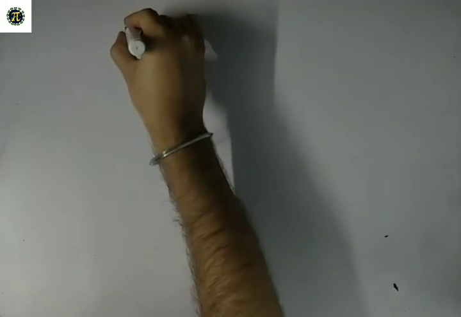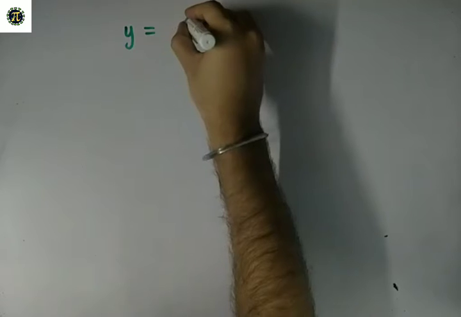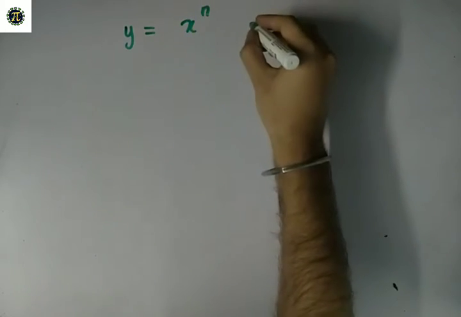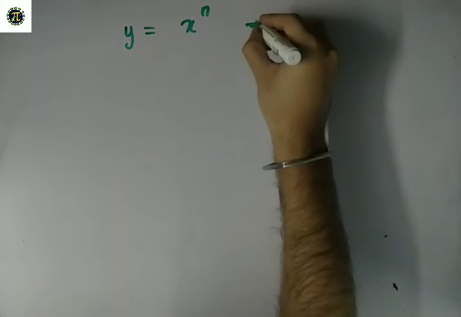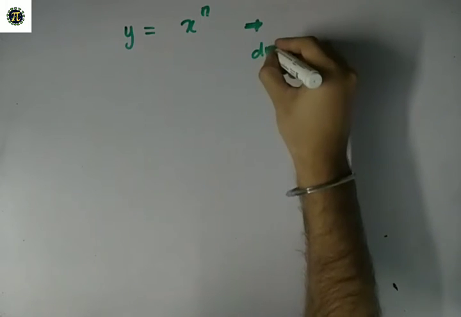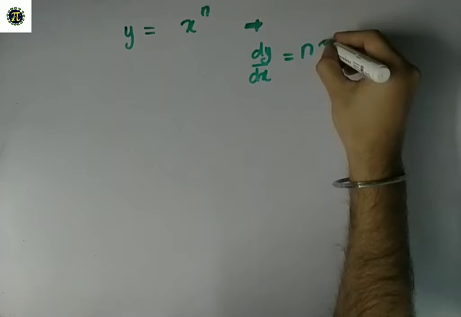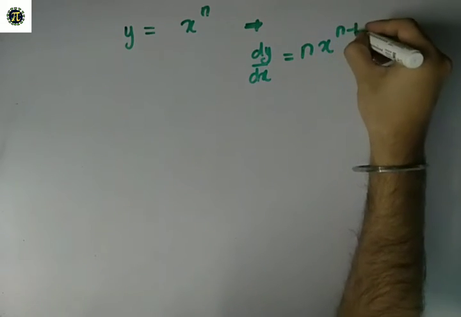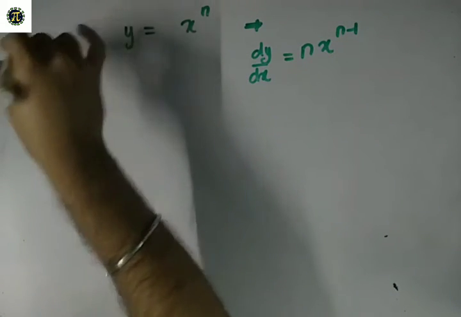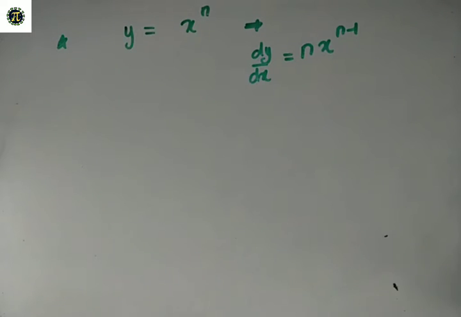If we have this function, let's say y is equal to x to the power n, we want to prove that dy by dx for this function will be n times x to the power n minus 1. This is going to be the first important formula here.